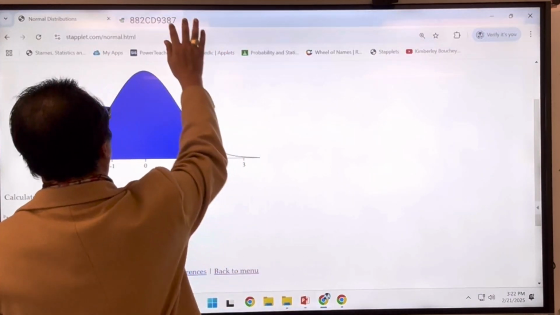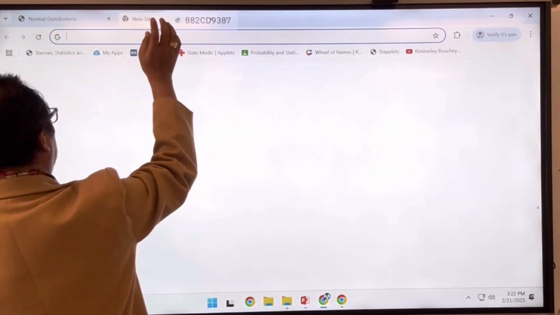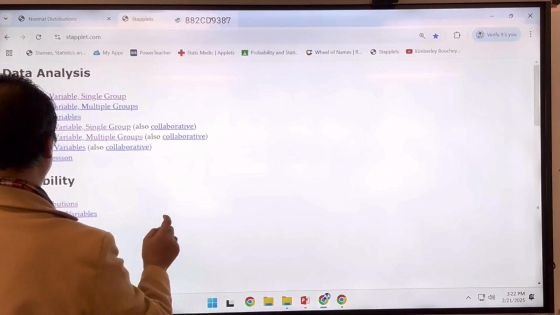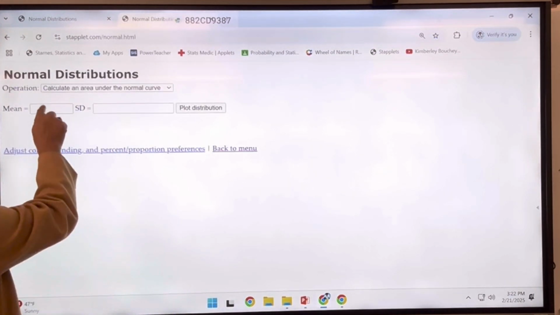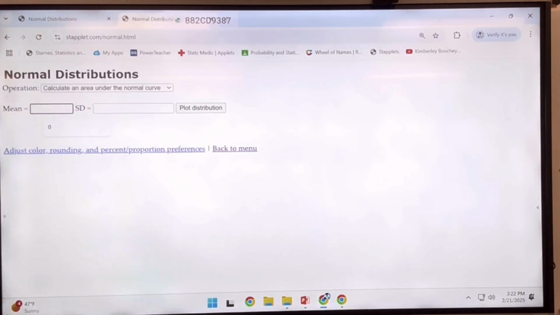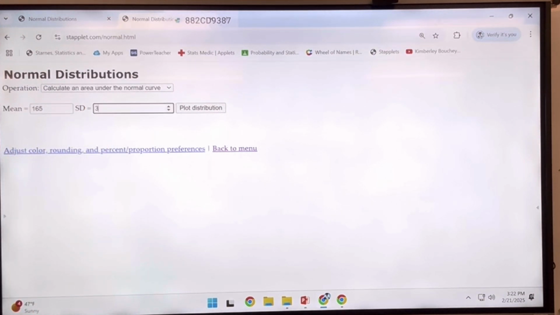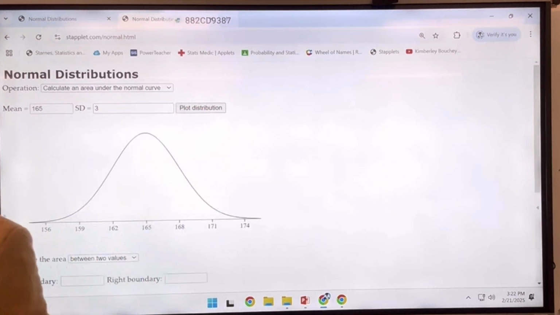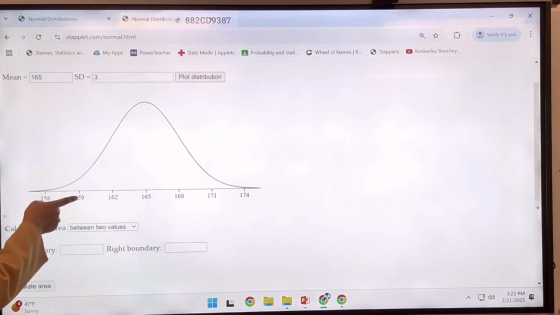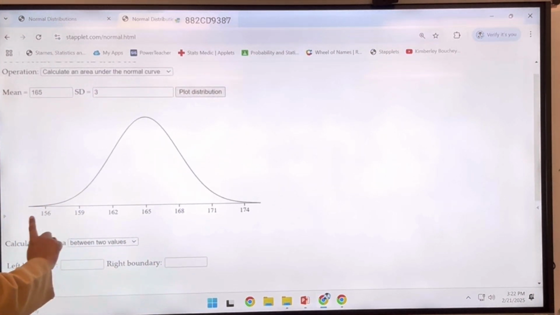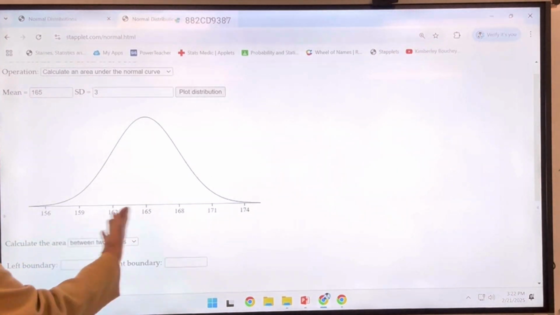Okay. So let's open a new one so that you will see the difference. So I'll be having here 165. This one is 3. Alright, plot. So you see that? So you got the values here.